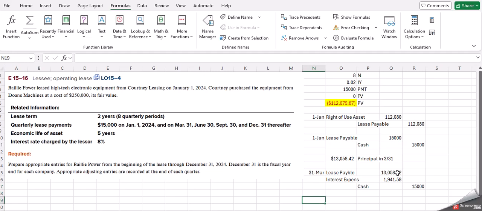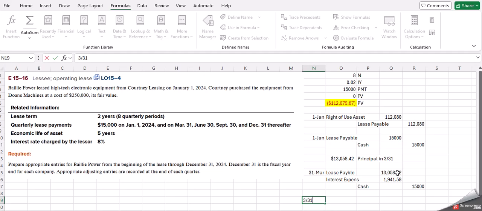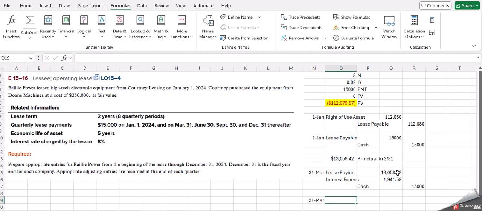And then you would have to do your amortization expense though. So I guess we will do that quarterly as well. Let me see here. So it's not a straight line on this one though.